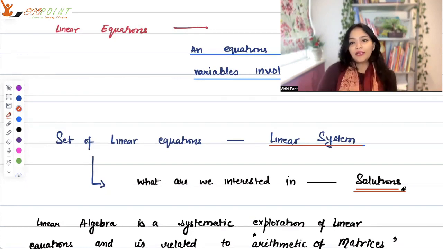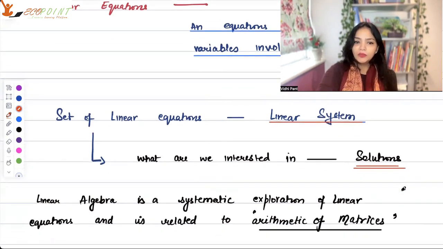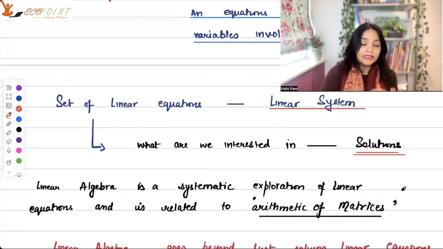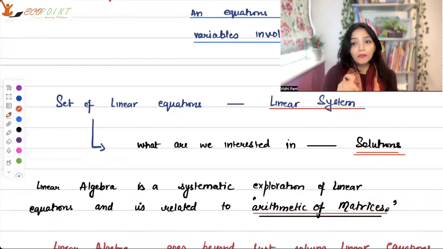Now, how will you find these solutions? It was very easy in that example, but every time that will not work, right? So linear algebra is basically a systematic exploration of linear equations. And this process is related to the arithmetic of matrices.